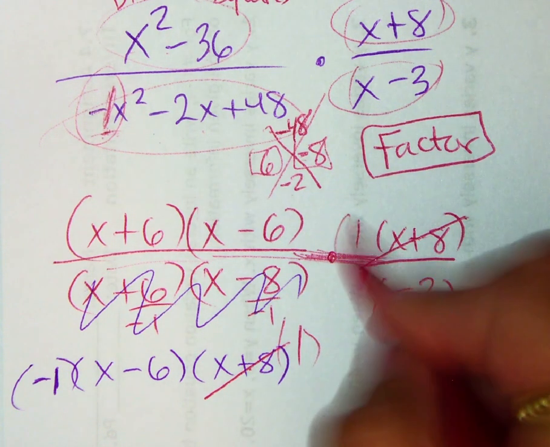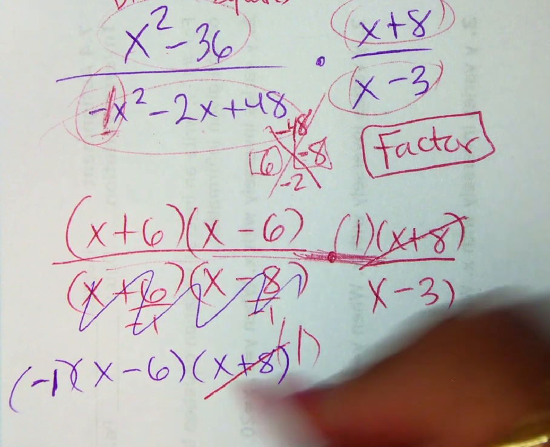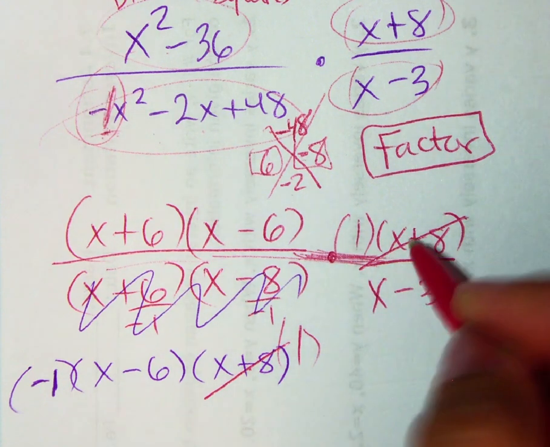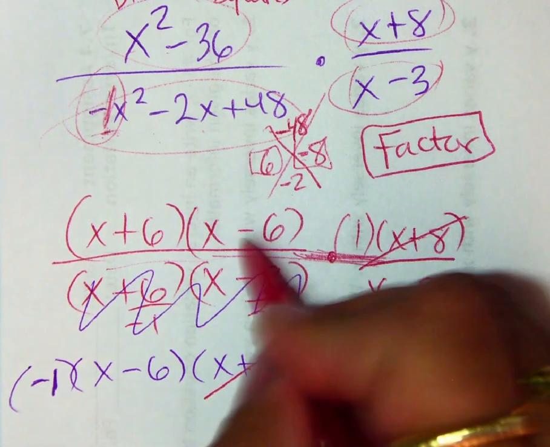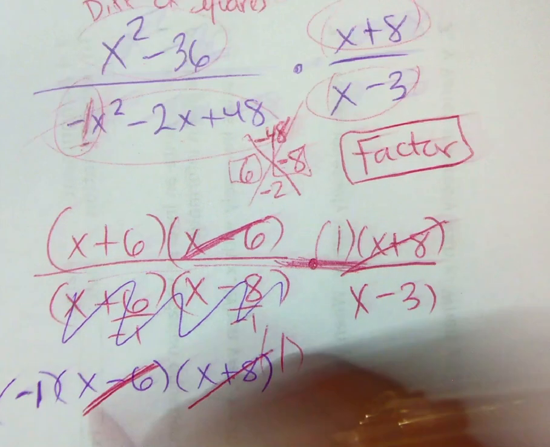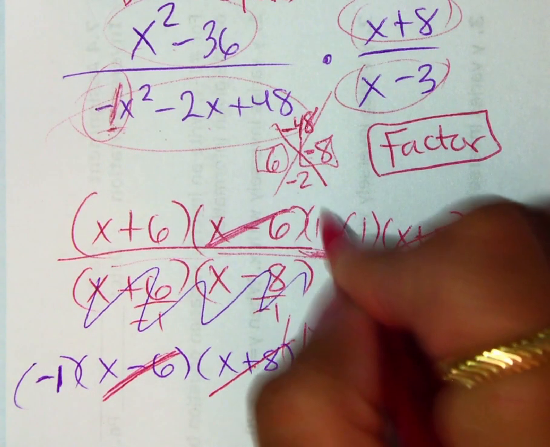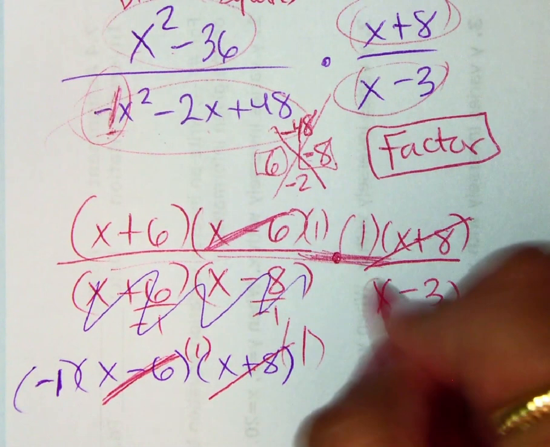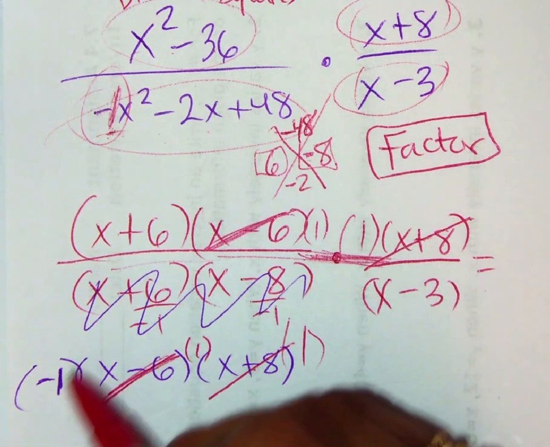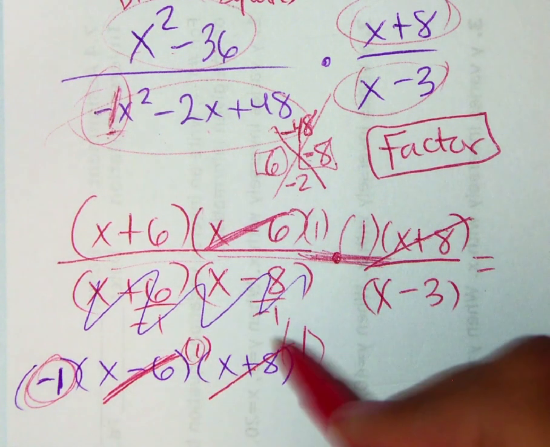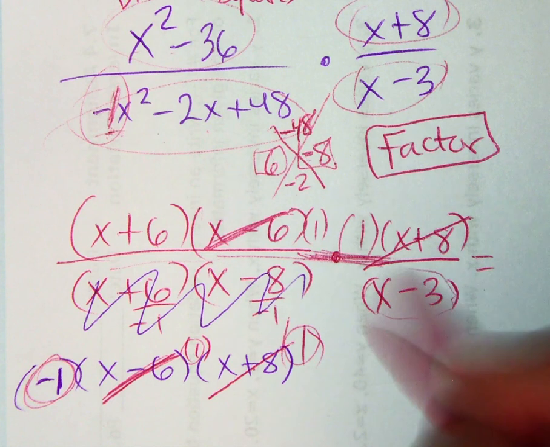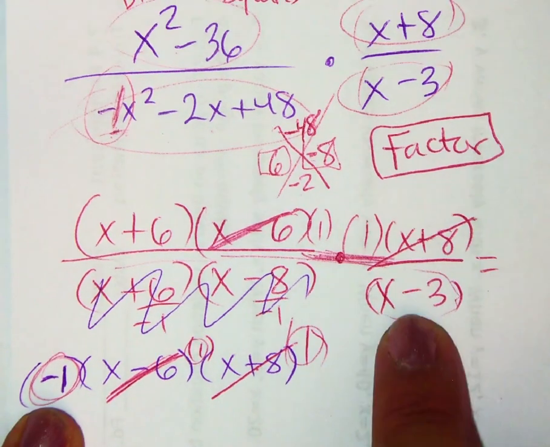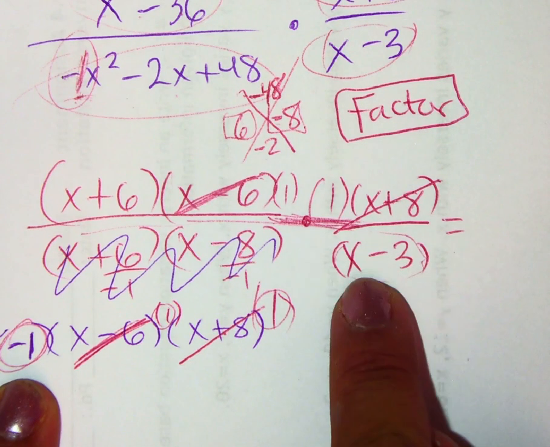So imagine you got 1 on the top, 1 on the bottom instead of these two. If you look at another one, you have x minus 6 and x minus 6 right here. So that also creates a 1-to-1 ratio. So on the bottom, we now have negative 1 times 1 times 1 times x minus 3. So we just want to multiply the negative 1 and the x minus 3.